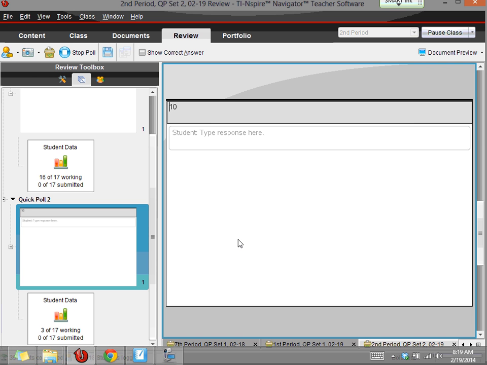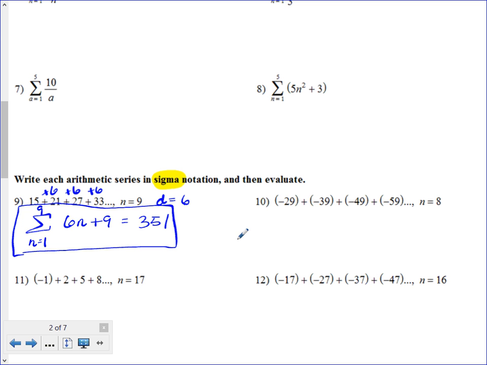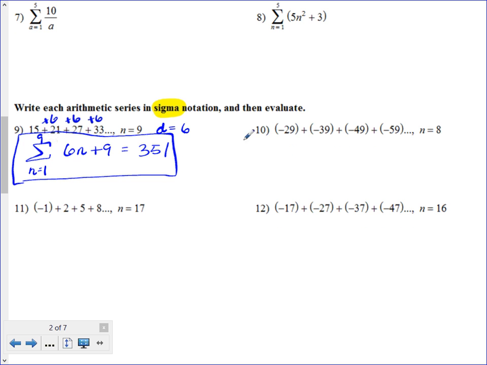Yeah, 254 is right for number 4. Okay, bring your calculator. Who's getting a different answer? I got 39. Number 3. Yeah, 5. Yep, you're doing number 10 right now.